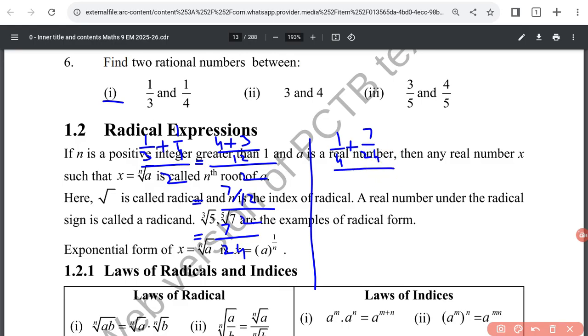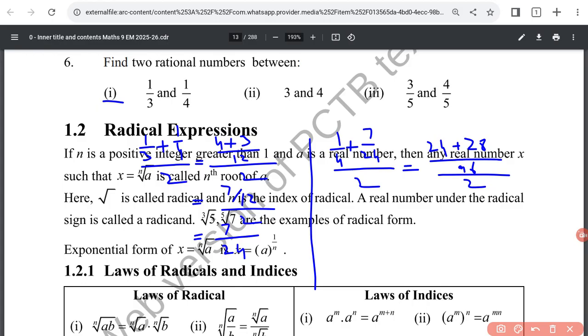So here it is 24 plus 7 times 4, 28, over 24 times 4, that is equal to 96, over 2.